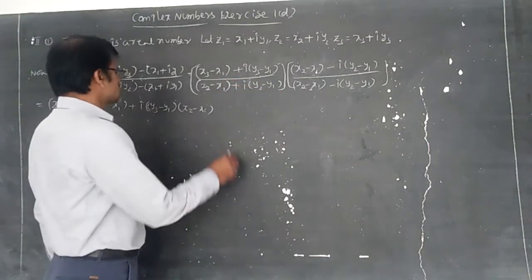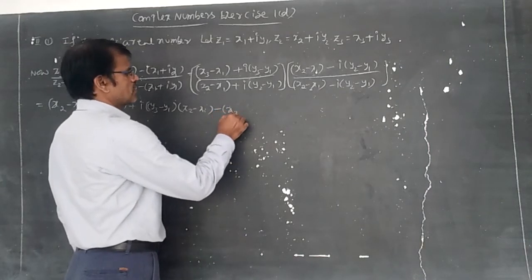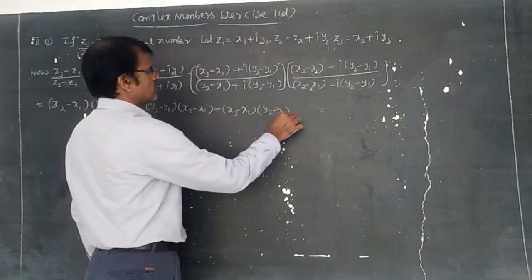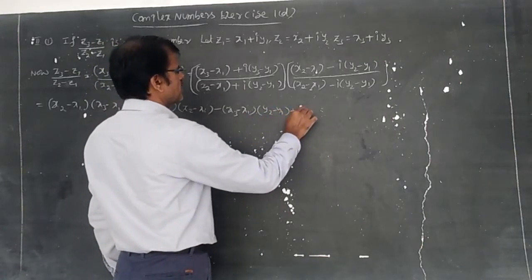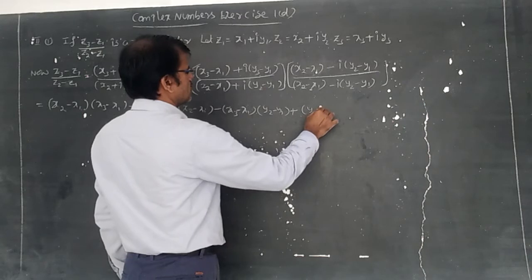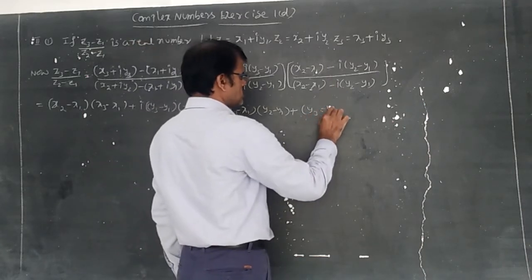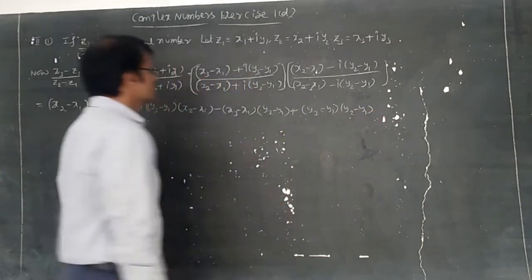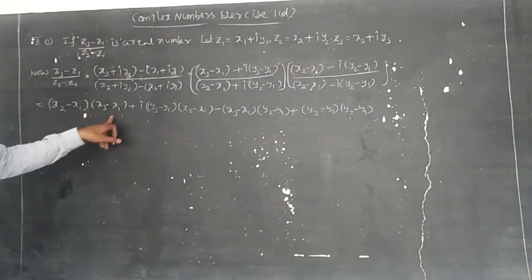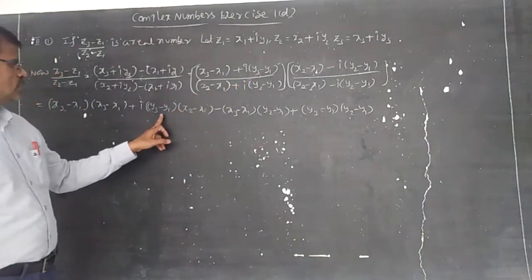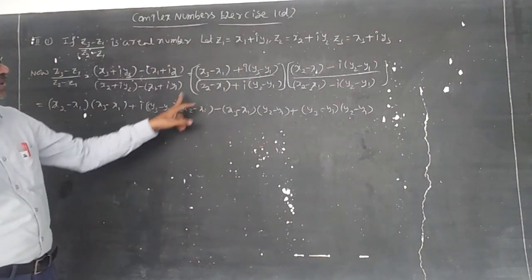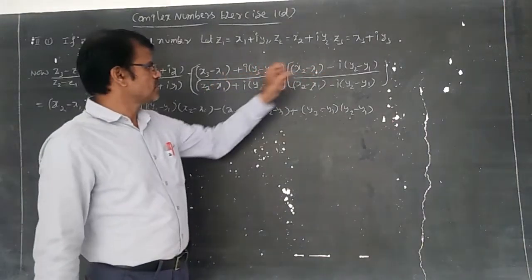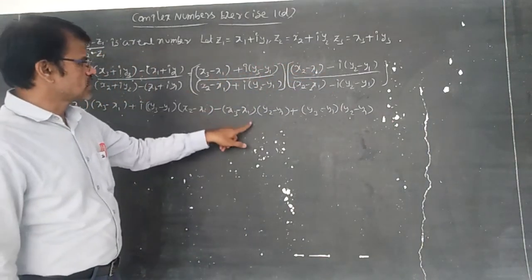Next, minus i into, so minus taken common, (x3 minus x1) into (y2 minus y1), minus i square meaning plus 1, that is (y3 minus y1) into (y2 minus y1). The real part is (x3 minus x1) and (x2 minus x1) plus that, and plus i into (y3 minus y1) into (x2 minus x1) minus i into (y2 minus y1) into (x3 minus x1).